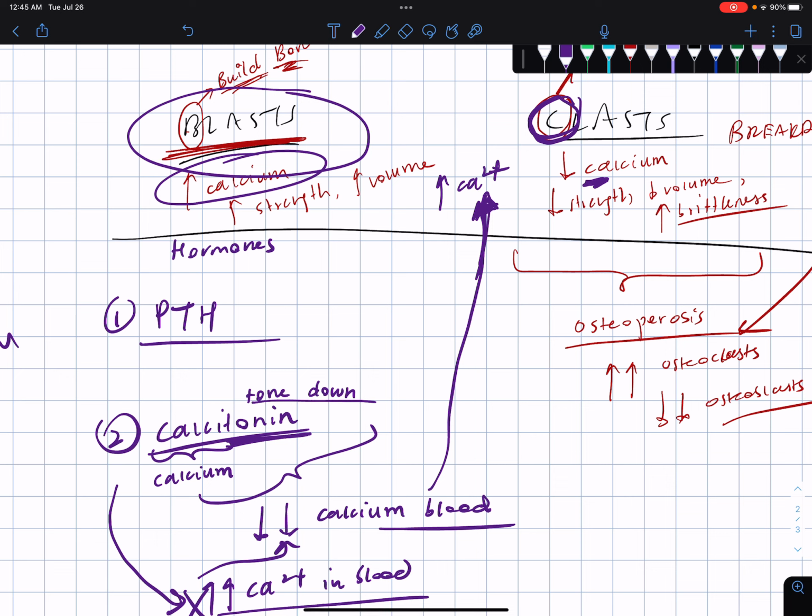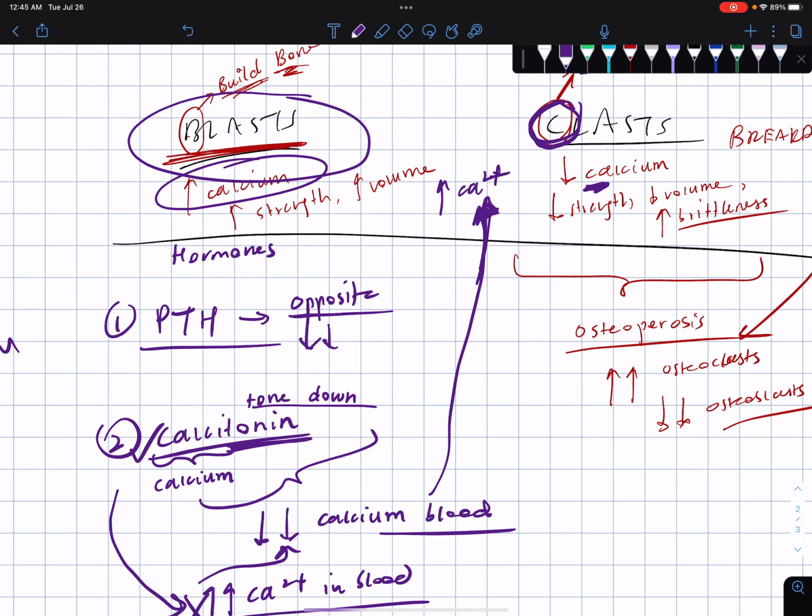Right? Now, parathyroid hormone, you can think of it as the exact opposite. So we don't really need a mnemonic for this because we know what calcitonin is. We know PTH is just going to be the opposite. So PTH is when there's too little calcium in the blood and we want to increase it.